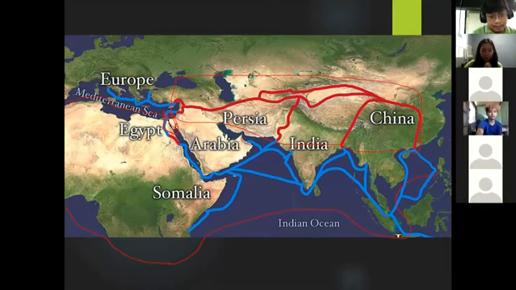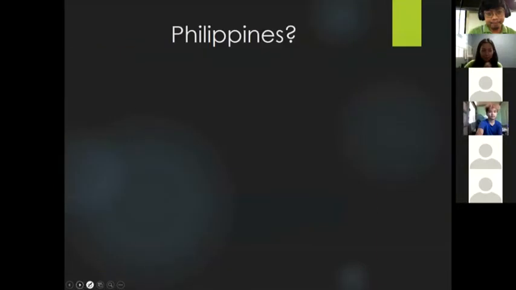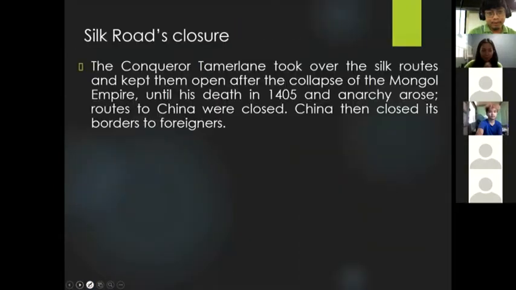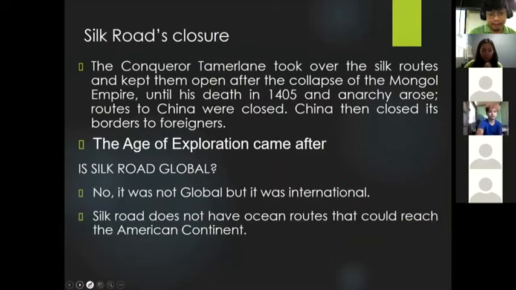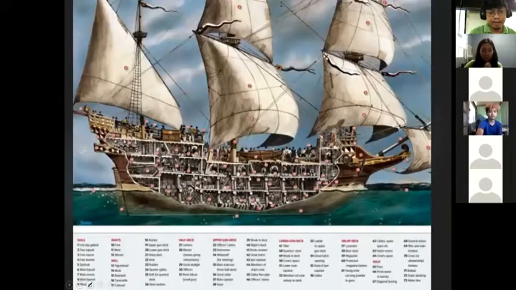Tapos mag-shortcut dito sa bandang Egypt, lalabas ng Indian Ocean. So, yung travel time ng trade between West and the East, it became faster. Mas naging efficient siya. So that is actually the start of global trading, the galleon trade.